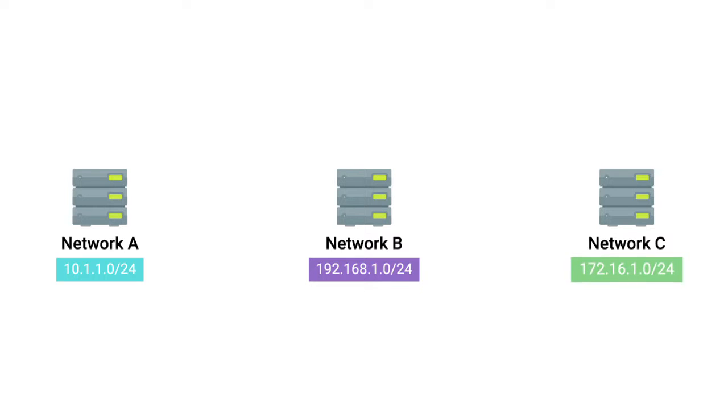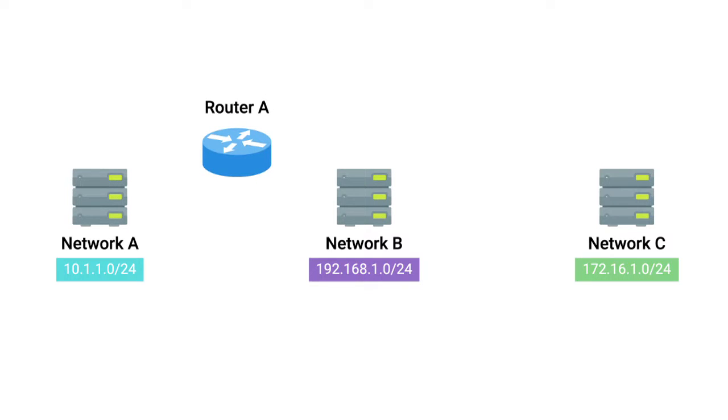Imagine 3 networks. Network A will contain address space 10.1.1.0/24. Network B will contain address space 192.168.1.0/24. And network C will be 172.16.1.0/24.